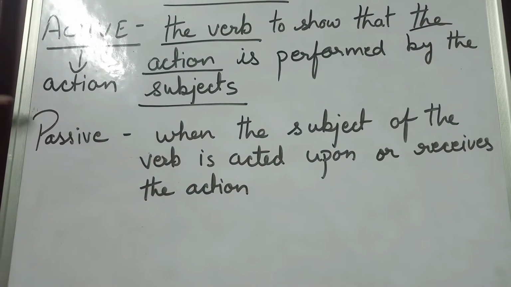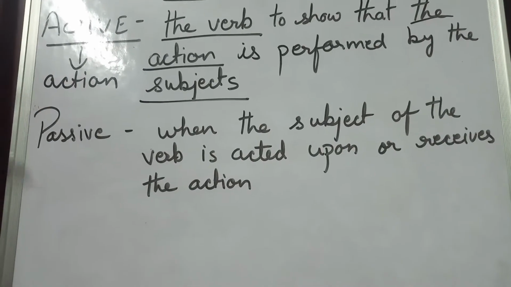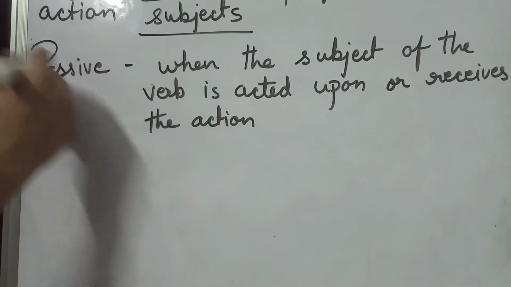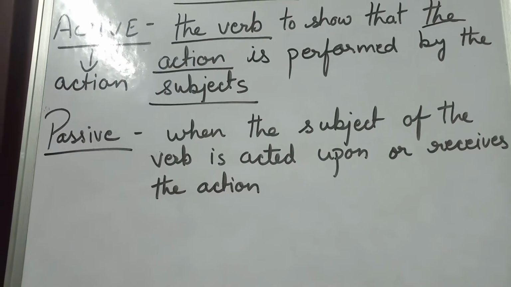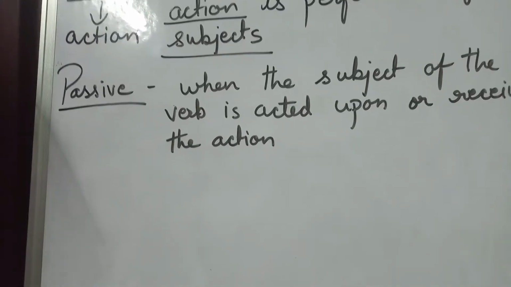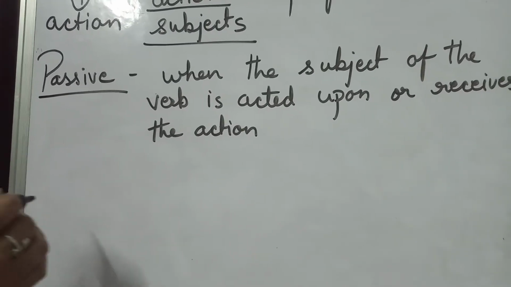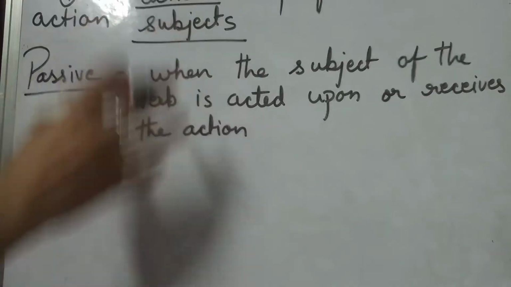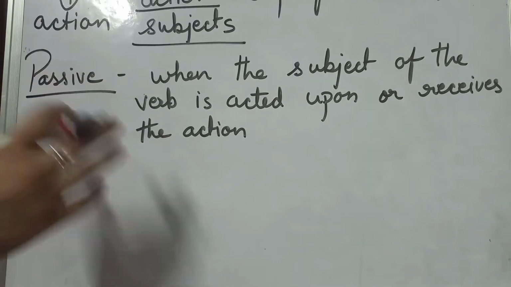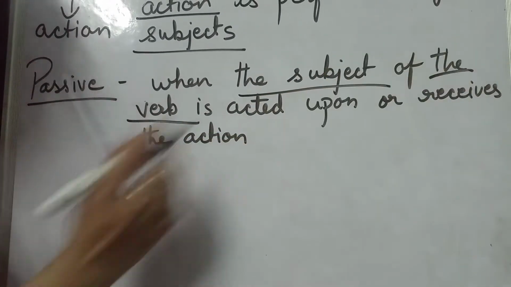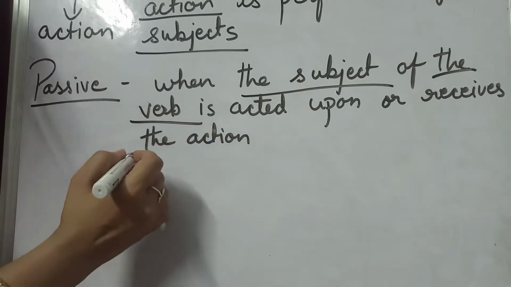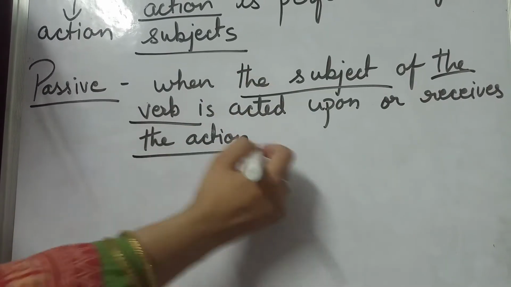Okay, now we come to passive. Passive, what is the literary meaning of passive? What do we mean by dictionary meaning of passive? That is something which is not in action. Now again we will come to the definition, and what I am trying to tell you through the definitions now, it will be when the subject of the verb is acted upon and receives the action.